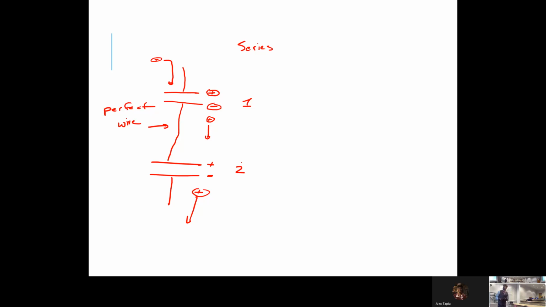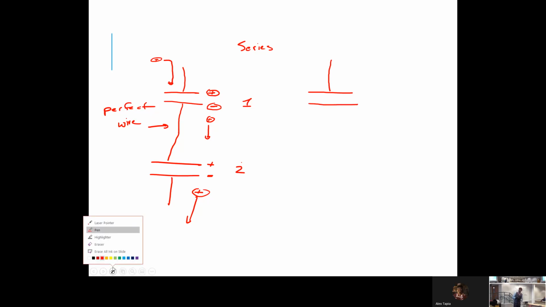Okay. So I'm going to do a little thought experiment here. I'm going to take this perfect wire that connects those two capacitors, and I'm going to make it really small. In fact, I will make it so small that I have my first capacitor like this, and I'll do it in a different color, green, just so that we have some contrast.